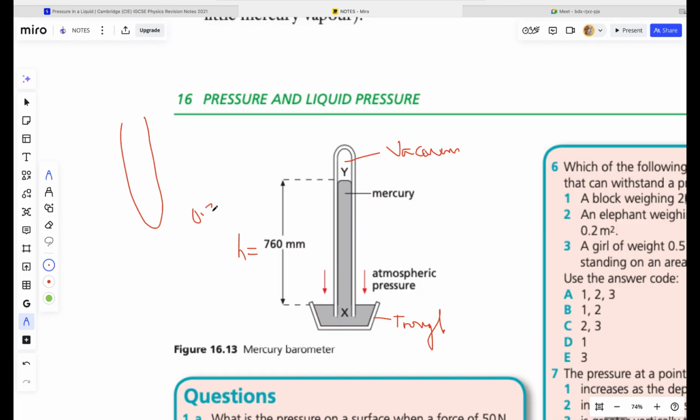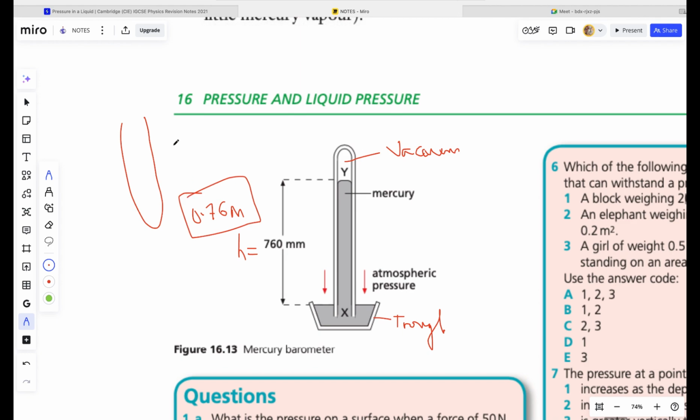Calculate the pressure exerted by the atmosphere. This height is caused because the atmospheric pressure pushes the mercury up. How far it goes is the height we take to calculate our pressure.